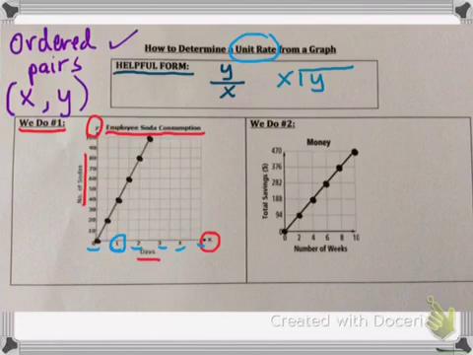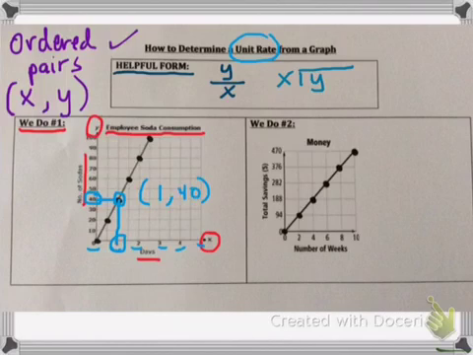how many sodas do the employees at Chipotle drink? So I'm going to find 1 on my x-axis, which is circled, and I'm going to look up until I meet the graph, and it meets the graph at this point, and then I look over to my y-axis, and it says 40. So just to interpret what it means, the ordered pair is 1, 40.